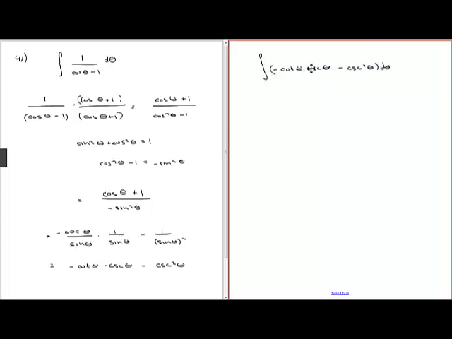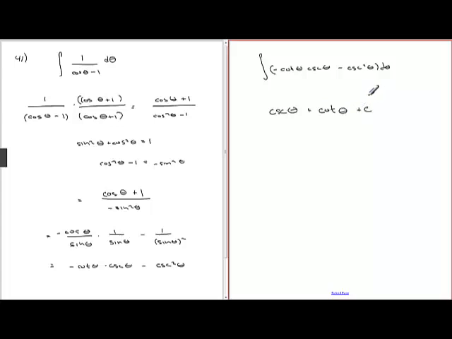And if we go to page 520, we see that the integral of the cosecant cotangent is negative the cosecant. So the integral of this will be negative the cosecant, and we have a negative sign, so that'll come out to be positive the cosecant of theta. And then the integral of cosecant squared is negative the cotangent, so that will become negative times a negative, so it'll become positive the cotangent of theta, and then we add c.